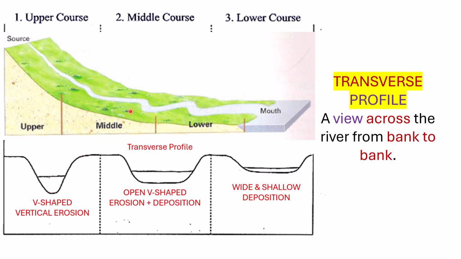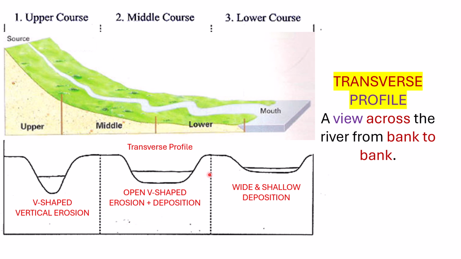In the middle course, the transverse profile can be described as an open V shape. In this instance, the dominant process would be erosion, which serves to widen the river, but also deposition, which serves to make the river shallower. Remember that in the middle course, the dominant fluvial process is transportation, but you can also speak about a combination of erosion and deposition.